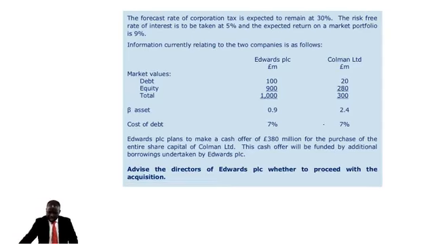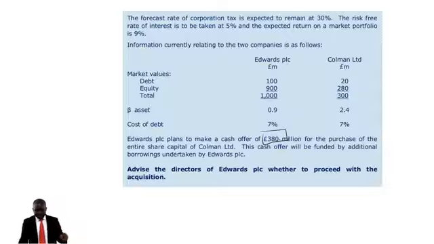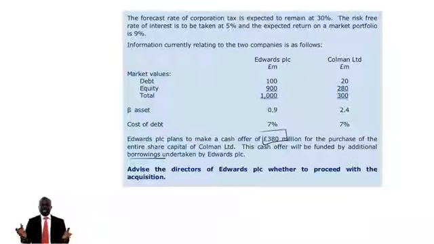No. Here they said we have to purchase their shares for 380 million, and that will be financed through what? Borrowing. So there will be additional borrowing of 380, and that should tell you that our debt will increase. The moment the debt increases, the debt equity proportion will change, and when it changes, financial risk has changed.